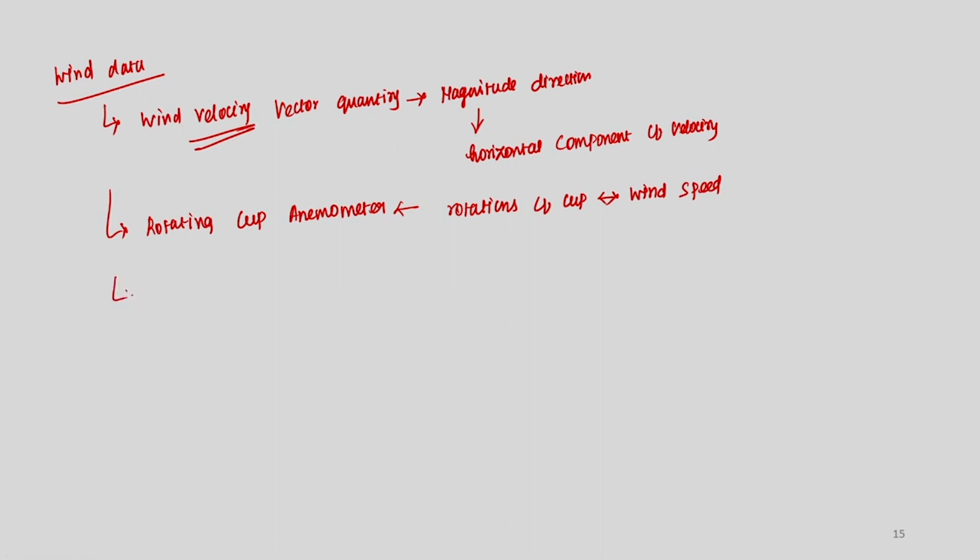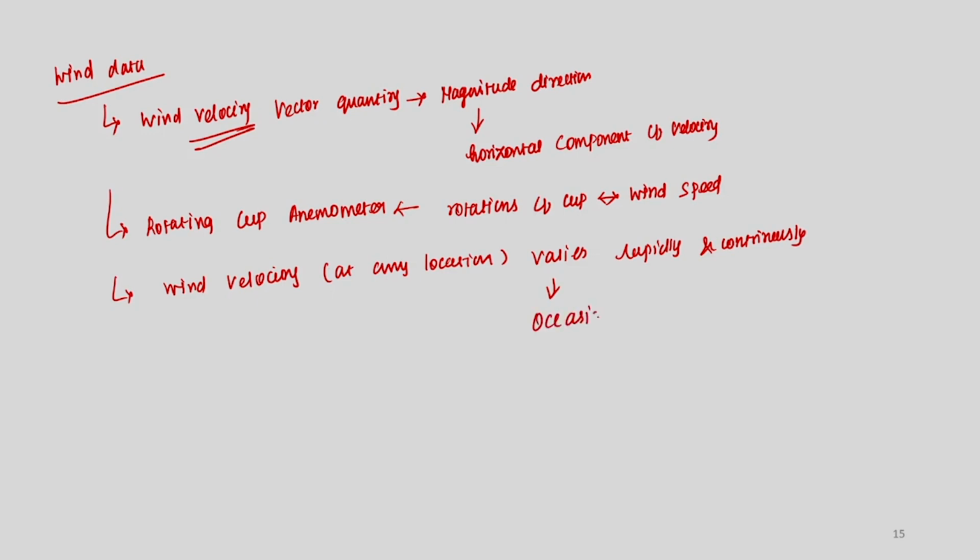And the wind velocity at any location varies rapidly as well as continuously, and also if you see the wind data, you would get occasional gusts as well, due to which you would get peaks and valleys.